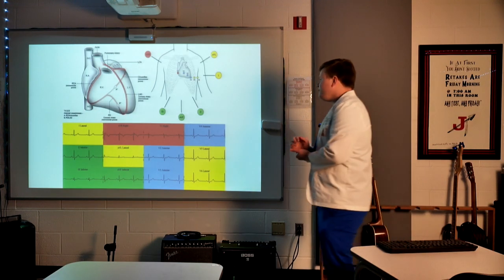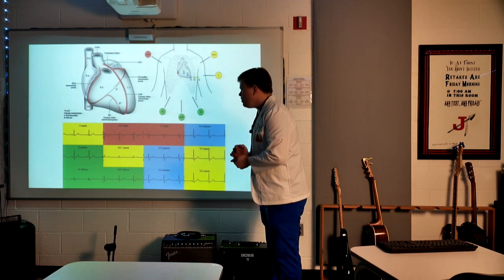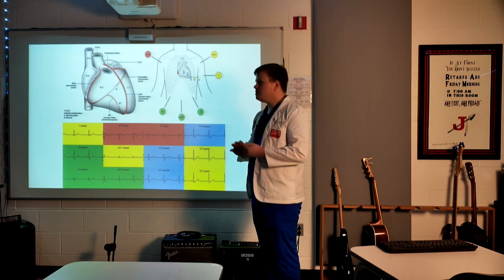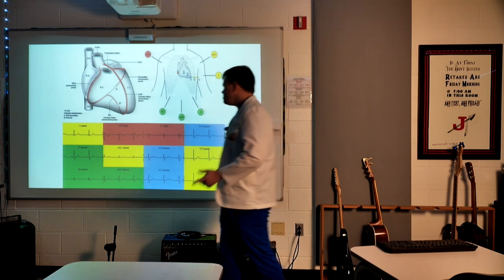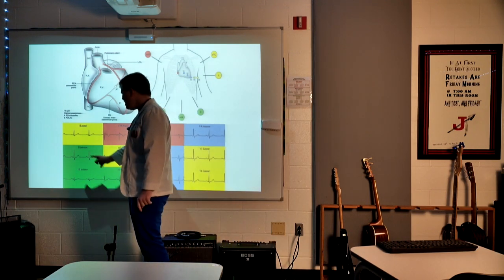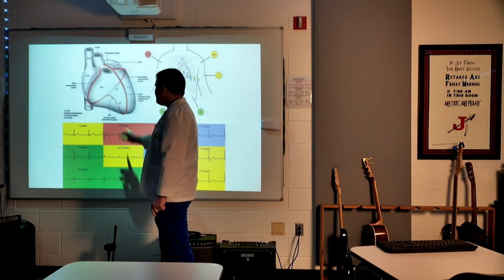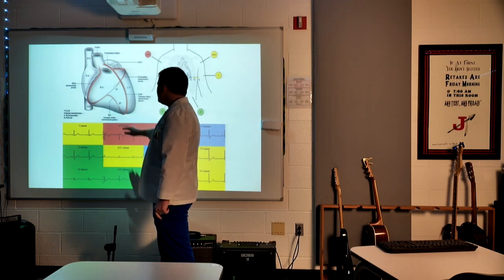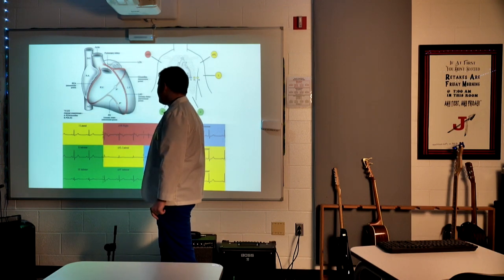So now, we've talked about where those leads point and what activity they analyze. For example, leads 2, 3, and AVF are more for the inferior portion of the heart, so we can consider the arteries that would be affecting there.